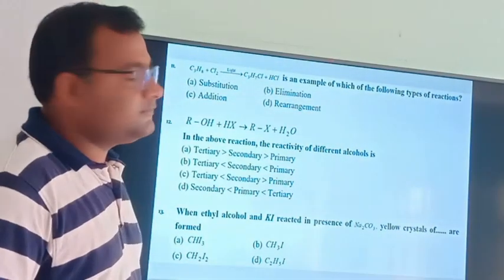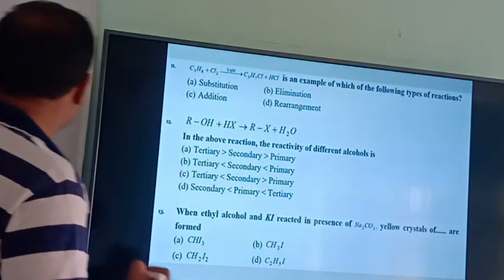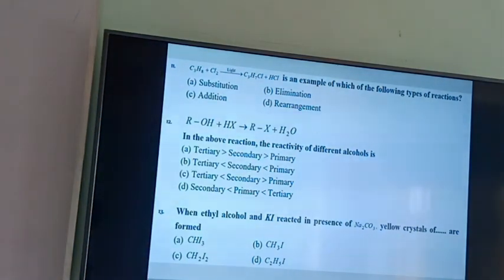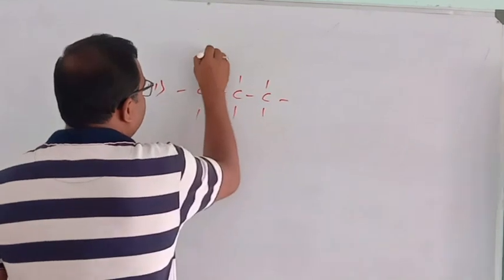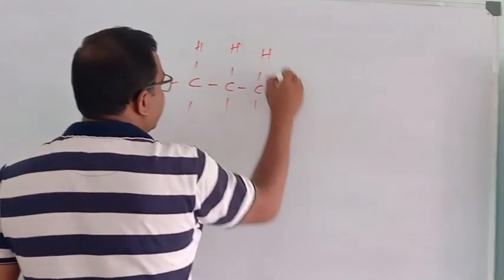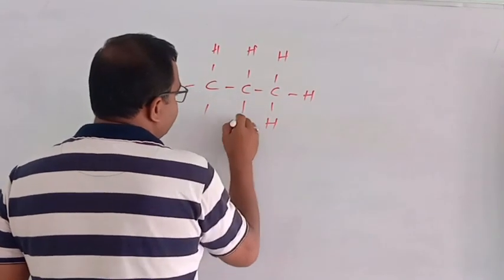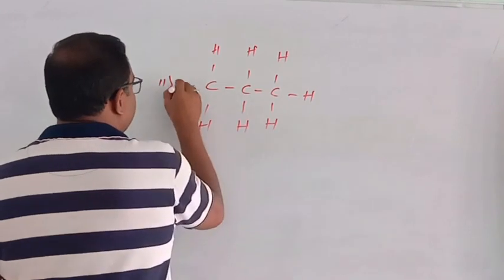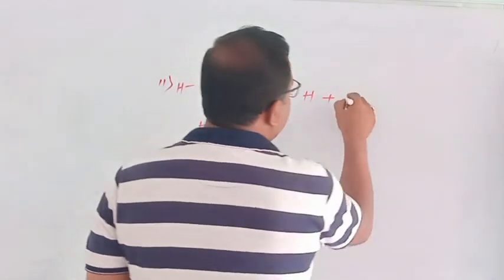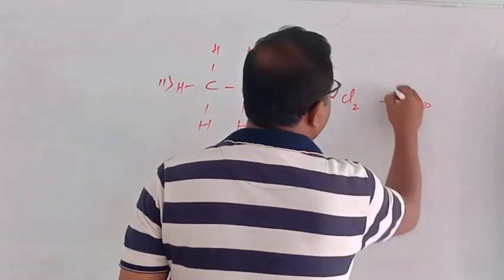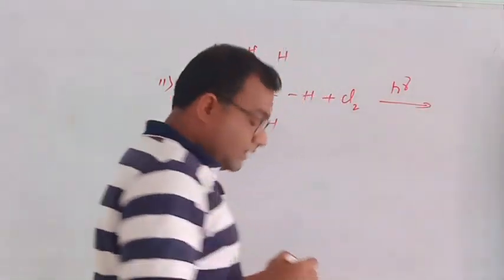Which one is this? Now, when we write question number 11, C3, that is 1, 2, 3, with hydrogens, this is a propane molecule reacting with chlorine gas in presence of hv, that is in presence of sunlight.